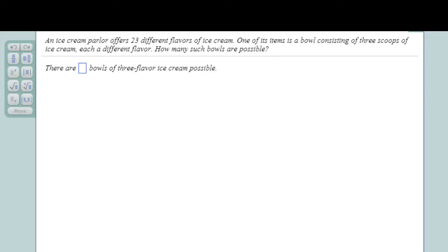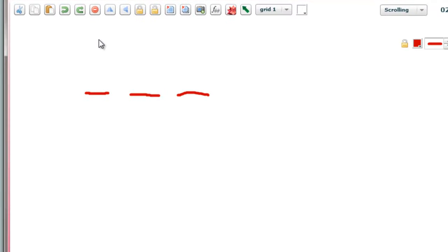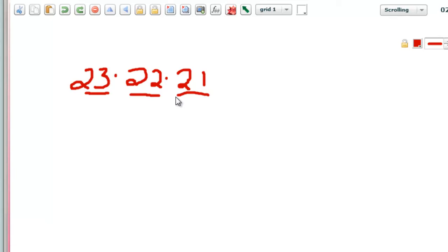Students will think, oh, okay, first one I have 23 options. Next one, I have 22 options. Last one, I have 21 options. Good to go. And so they think that the simple counting principle will work for this.